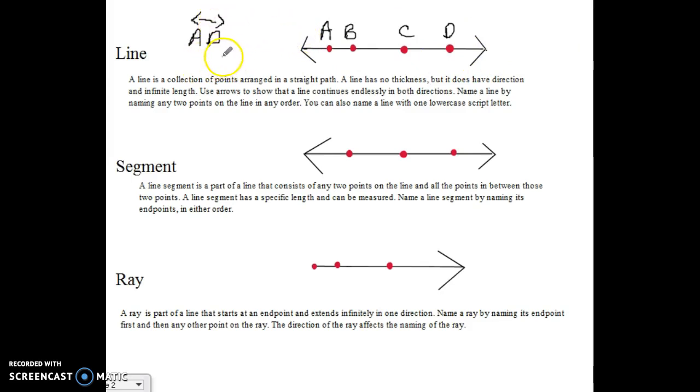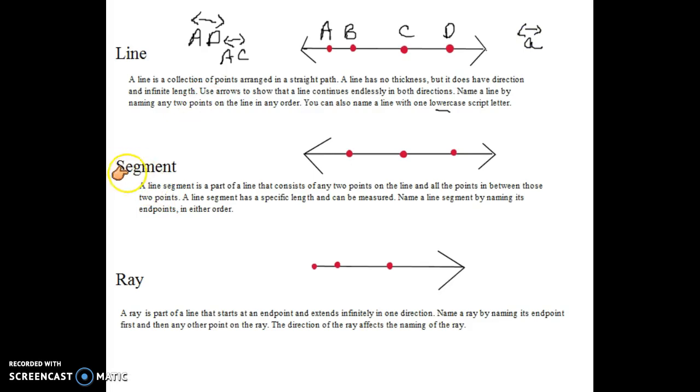We could also name this line AC, and we could name it AB, and you can also name it with one lowercase script letter. This could be called line A.